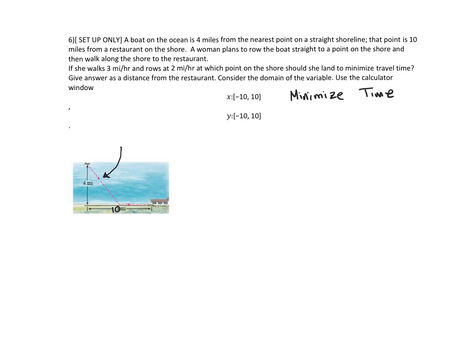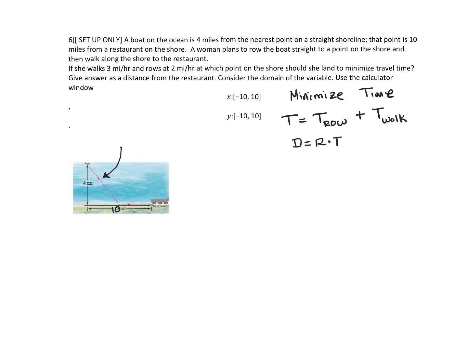If you think about that, the total time is the time rowing plus the time walking. So we need to find information about the time it takes her to row and the time it takes her to walk. And we know that distance equals rate times time.